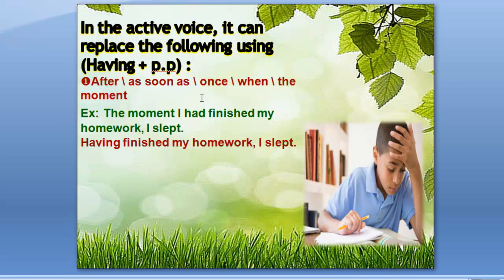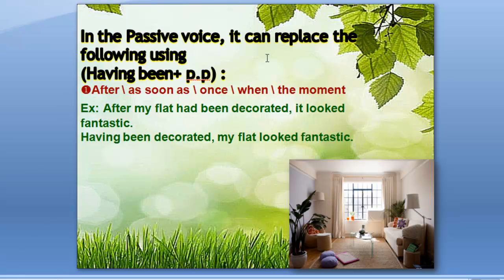Having finished my homework, I slept. In the passive voice, it can replace the following: after, as soon as, once, when, and the moment, but we use having been plus pp. After my flat had been decorated, it looked fantastic. Having been decorated, my flat looked fantastic.